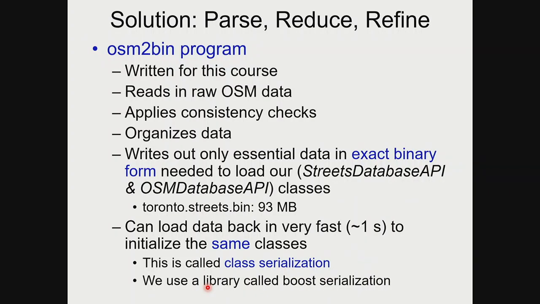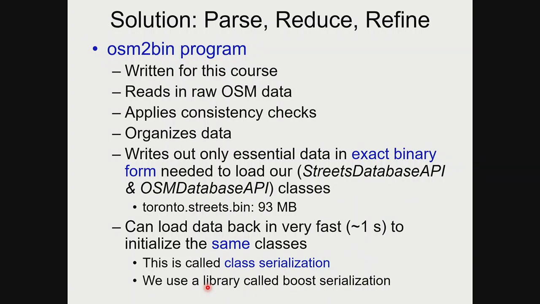But the problem is it's very error-prone. You might forget how you parsed the file, so next time you load it, you might not be consistent. So we usually use libraries that do this. In this course, we use a library called the Boost library, and what it does is read all the classes that we have in memory and write them to a file in a very efficient way.